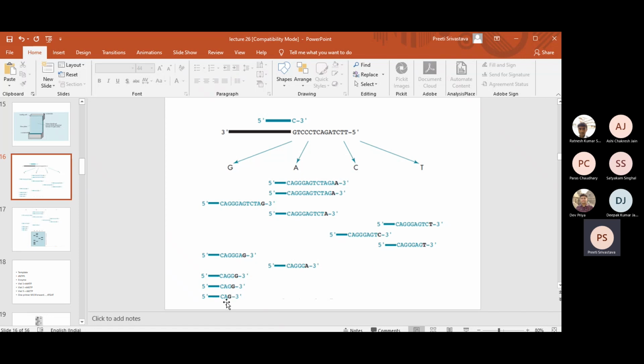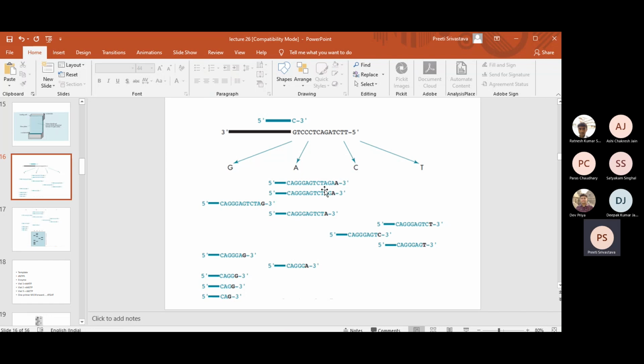The smallest is this one. Now if we compare the length of these chain terminated molecules, this is the smallest, 3 nucleotides, right? This is 4, this is 5, this is 6, this is 7, this is 8, this is 9, 10, 11, 12, 13 and 14. Is that clear?